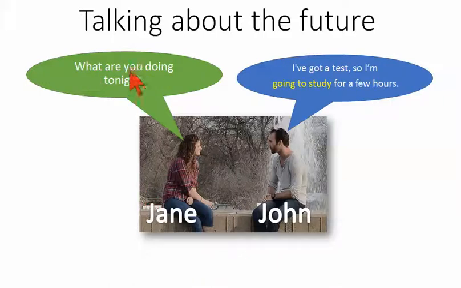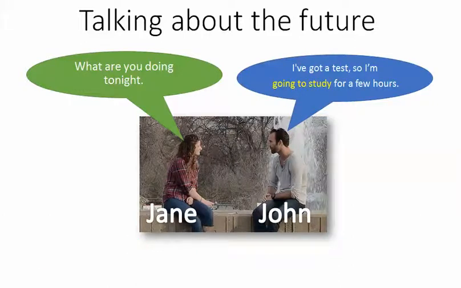On the other hand, have a look at this. In this case, I've got a test. I'm going to study for a few hours. Now why is John choosing to use going to? Going to is chosen when you want to show that this is a plan you have yourself.